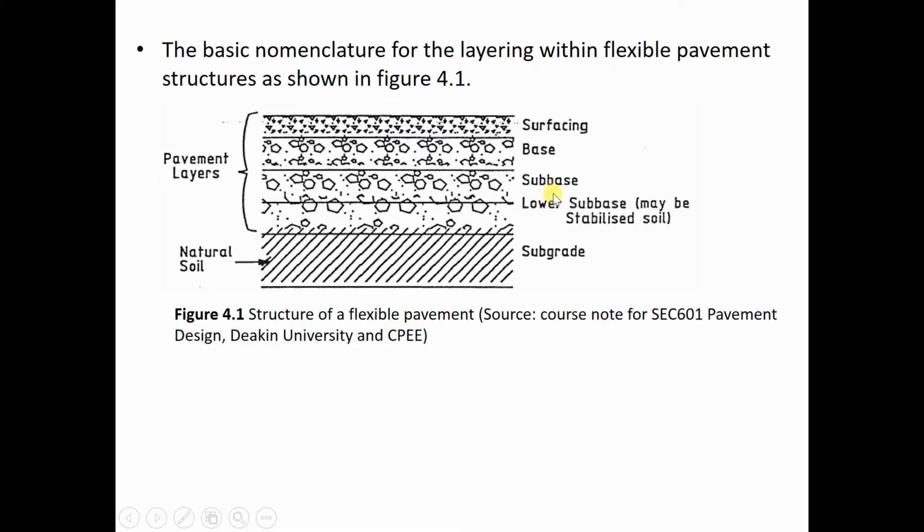When the sub-base is quite thick, more than 200 or 300 thick, it could be subdivided into upper sub-base and lower sub-base. Here it mentions that the lower sub-base might be stabilized soil as well. In some instances, we stabilize the soil with cement. The subgrade is natural soil.